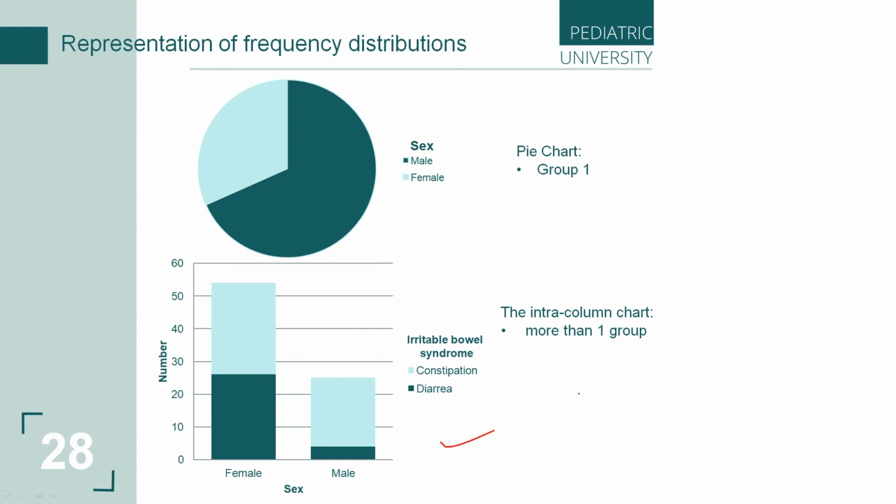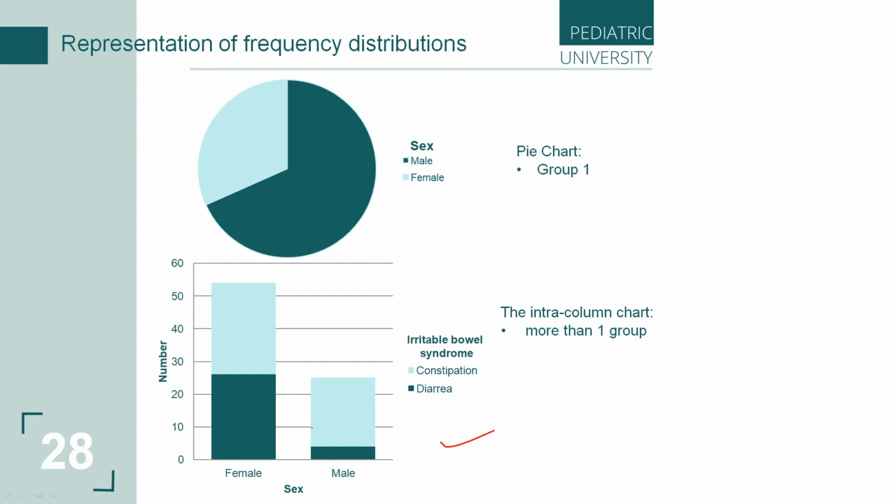Let's say, for example, women and men. We see that there are more women, and we also see the distribution of irritable bowel syndrome. Women have about a 50-50 split of irritable bowel syndrome with diarrhea or with constipation, and men are dominated by diarrhea.